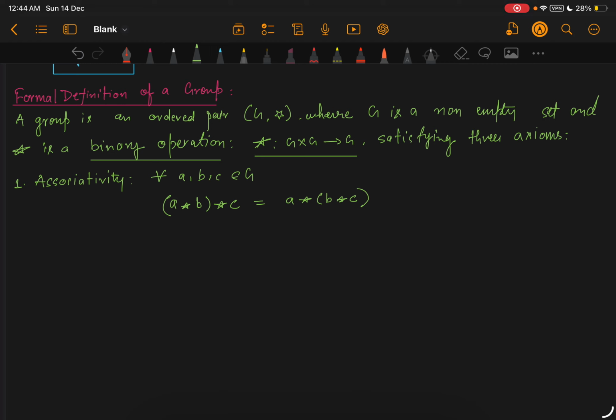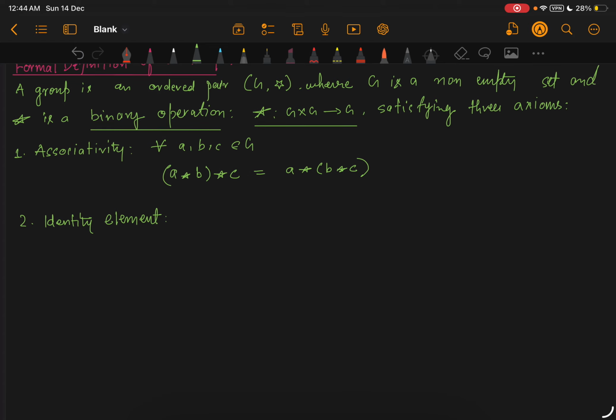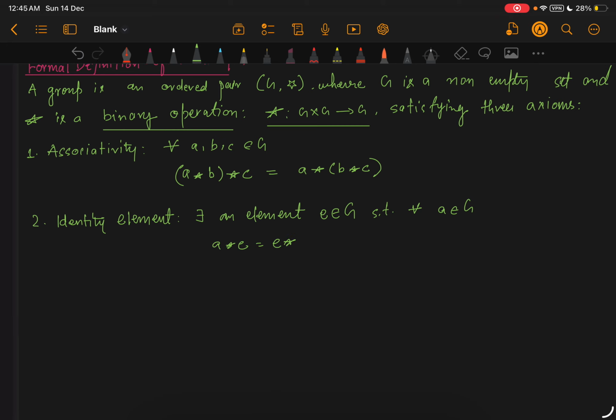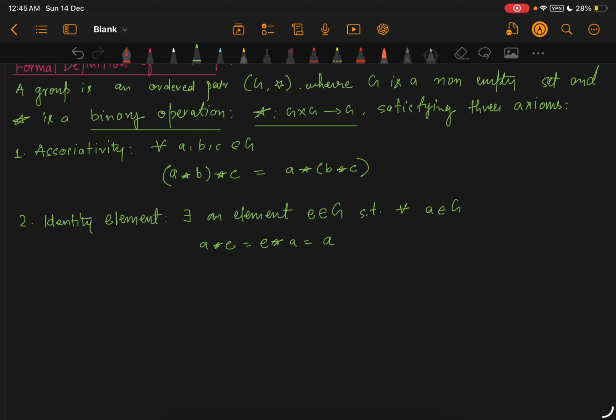The second one is the identity element. What does it mean? There exists an element e belonging to G such that for all a belonging to G, a star e is equal to e star a is equal to a.